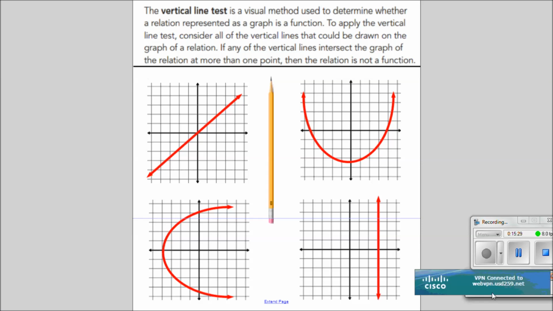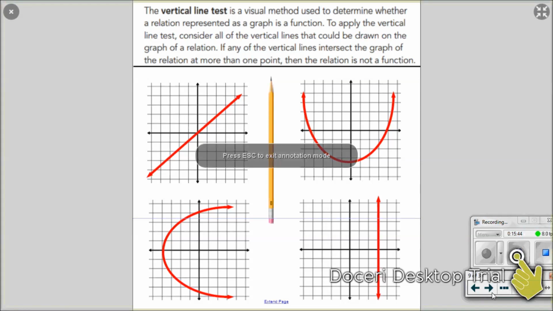If any of the vertical lines intersects the graph of the relation at more than one point, then the relation is not a function. Okay, I want you to take your marker, or your pencil, or your pen, or your highlighter, and you're going to highlight that last sentence here that says, if any of the vertical lines intersects the graph more than once, or more than one point, the relation is not a function.